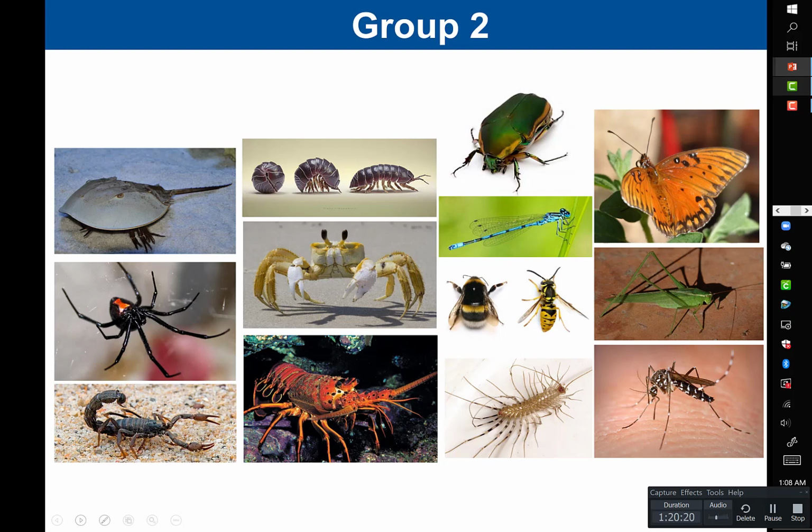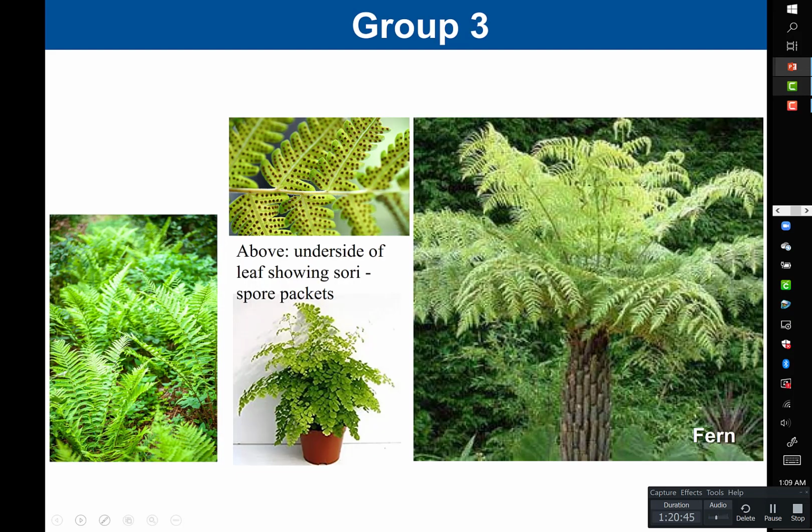You have 2 options in order to study these. One would be to pause the video and do it while this is paused. The other option is simply to look at the PowerPoint and look at the pictures so that they're not going from one to the next, and work your way through the PowerPoint. But basically the images are going to be the same. So this is group 2. You need to classify this.